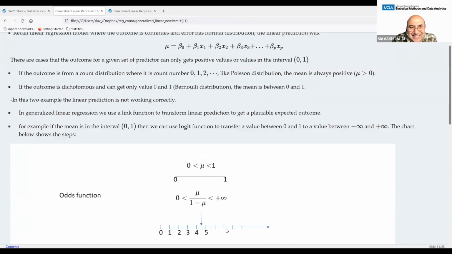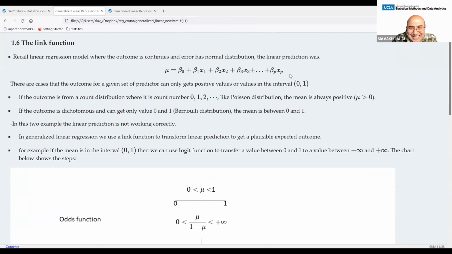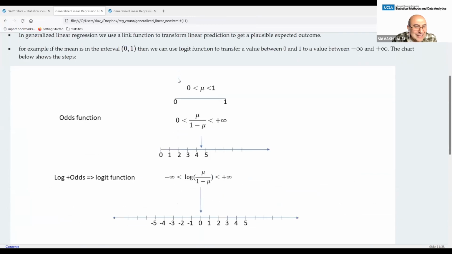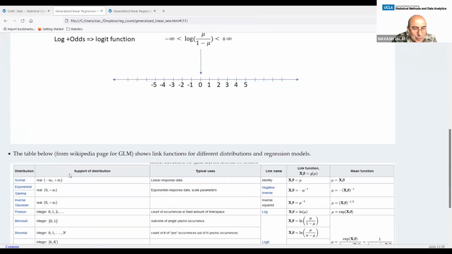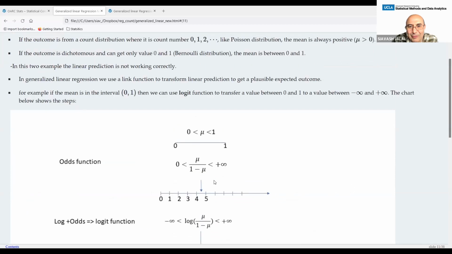Look, this is just as it is. We call this the identity link, right? We don't do any transformation. So basically, if the outcome is normal, the mean can already be negative infinity to infinity. So the link is identity, and the mu is x beta. This is the matrix format of what I wrote here.